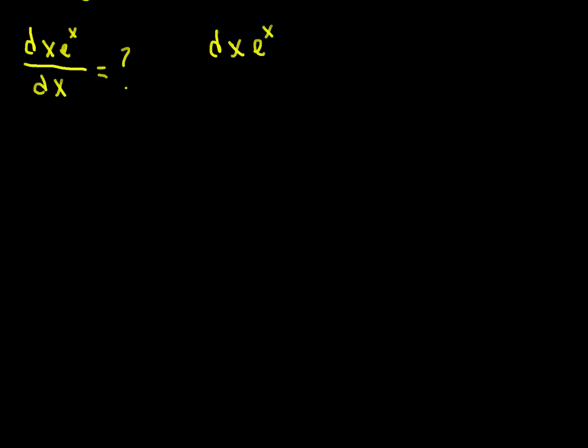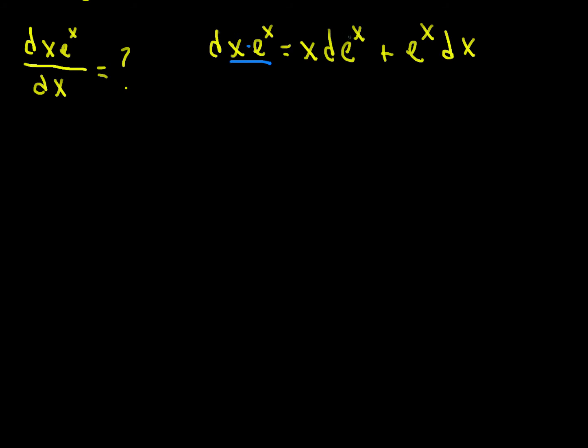You should recognize that this is a product: I've got x times e to the x, there's multiplication going on. So I've got to use my product rule. This is equal to x d(e to the x) plus e to the x dx.